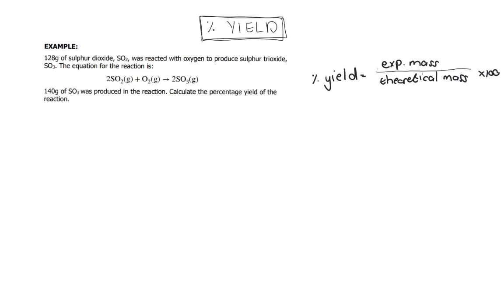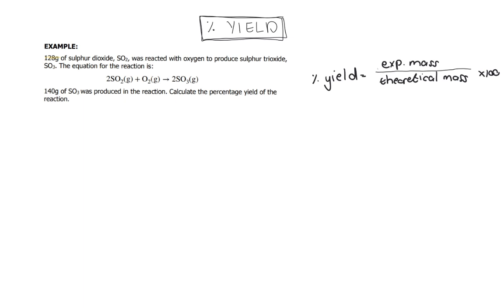So again, the same as with my percentage purity, you're going to start with this equation and let this equation lead you and allow you to fill in the values that you shouldn't use in your stoichiometric calculations. So for example, they say that 128 grams of sulfur dioxide was reacted with oxygen to produce sulfur trioxide, and there's my reaction.